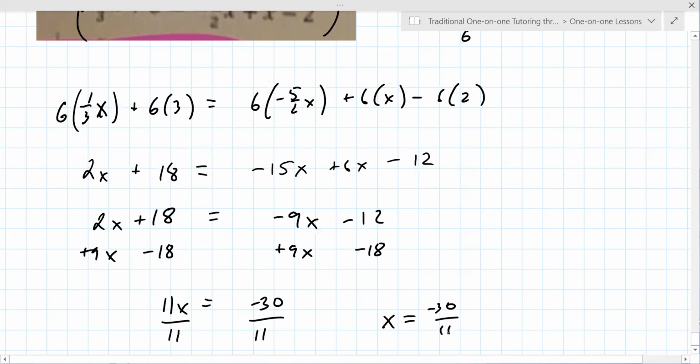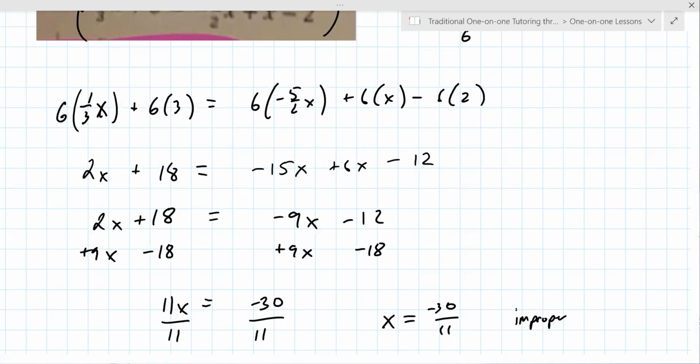You don't need to graph this. You don't have to put this in for y. You were told for a long time not to leave it as an improper fraction. Now you leave everything as an improper fraction.